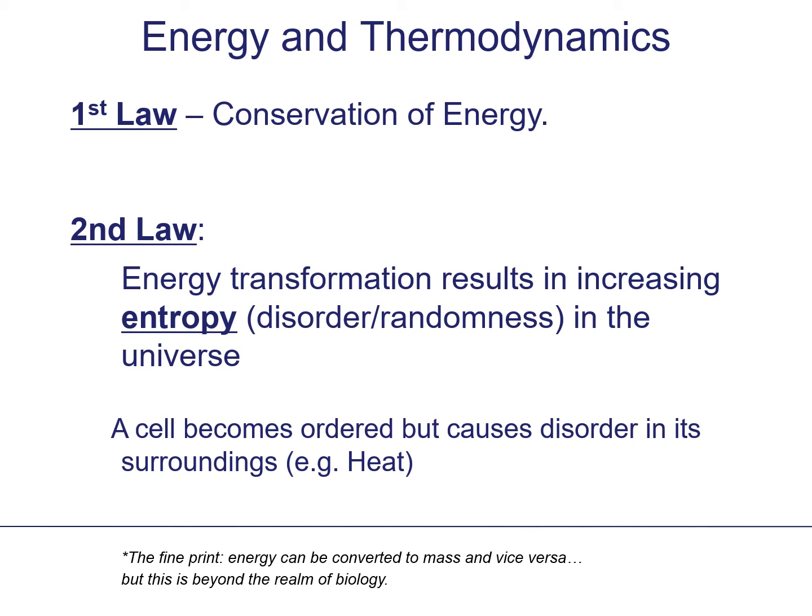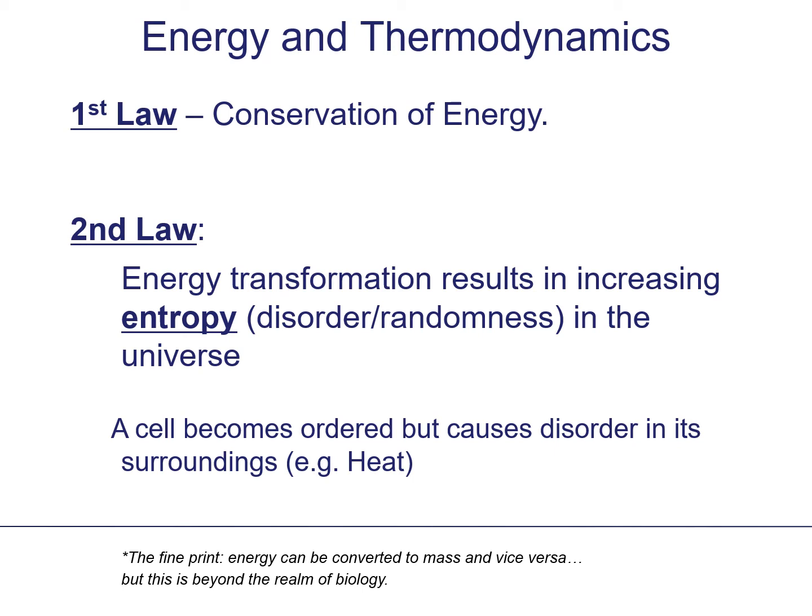Now, I'll just point out one thing here. These laws work quite well when it comes to chemistry. They don't work necessarily when it comes to nuclear physics. So in the sun, for instance, what's happening is hydrogen atoms are being rammed together to produce helium and eventually other things. And in the process, a little bit of mass is lost and converted to energy.